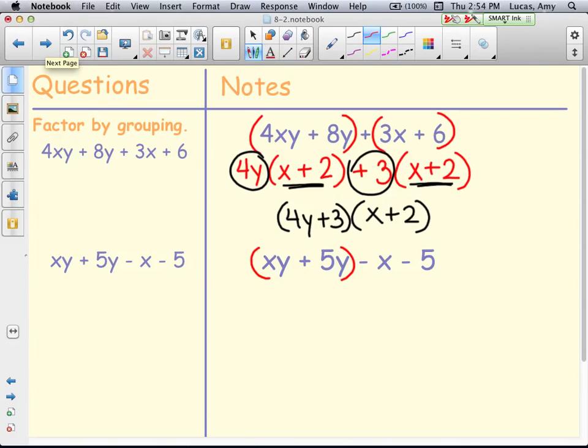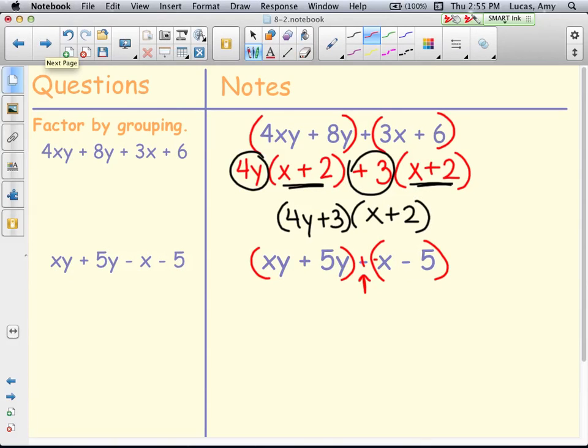And this one's trickier because when I split these terms, I'm going to have to look at them with that minus. So here's what's tricky. If I put my parenthesis here around the x minus 5, remember that this minus would be distributed to the x and to the 5. So I'm actually going to have to change this sign to a plus to do that. Or I could change this to a plus and keep the minus or the negative on the x.